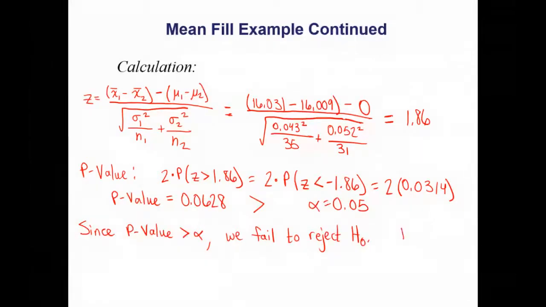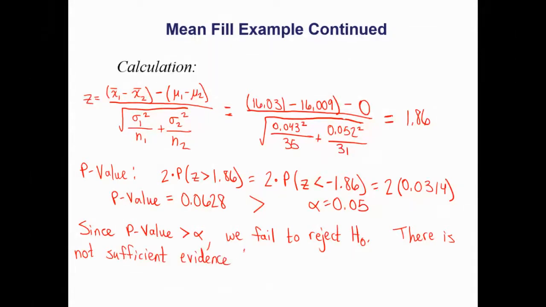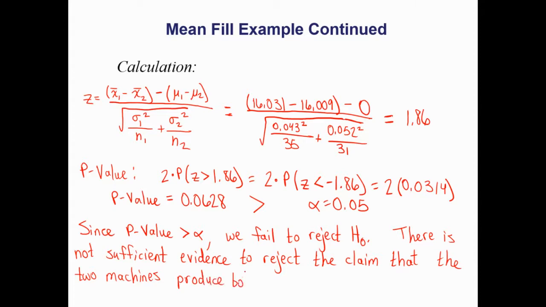So we can say there is not sufficient evidence to reject the claim that the two machines produce bottles with different mean fills.